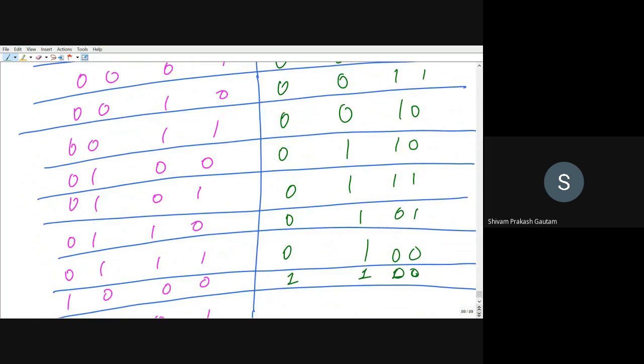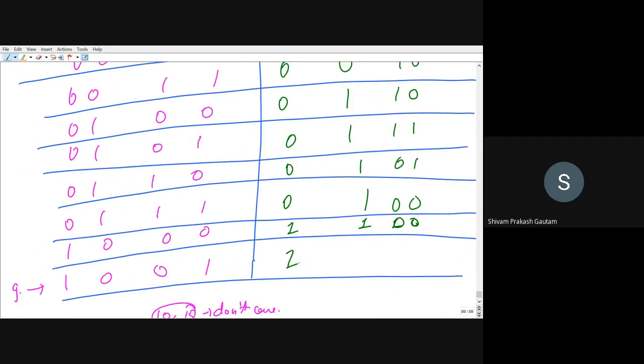Am I audible? Yes, sir. So are you getting how I'm building a table for gray code or not? Just tell me. Yes, sir. Okay. So then it will be 1, and this 101 will come here. Up till this only the table will be there.